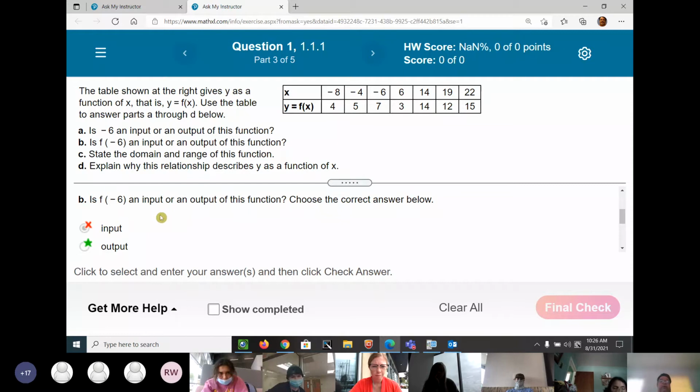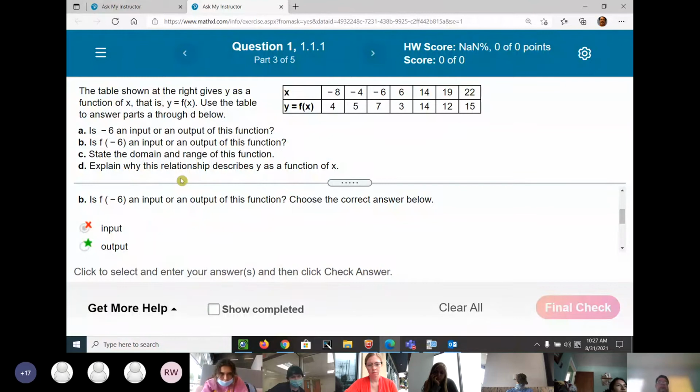Oh, okay. Now see, I would say the result of f of -6 is output or input. It's output. The result. Okay, that's kind of confusing there.